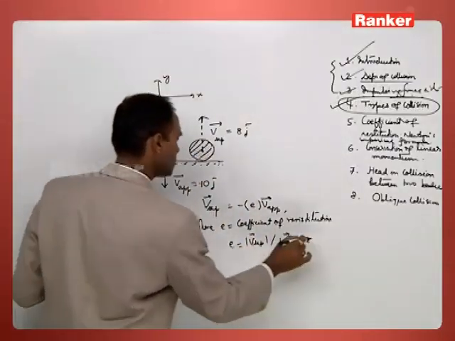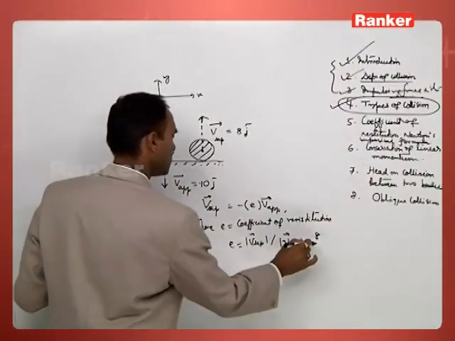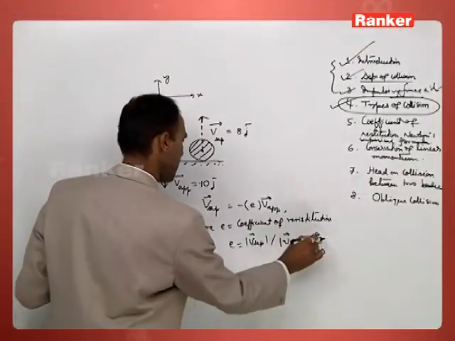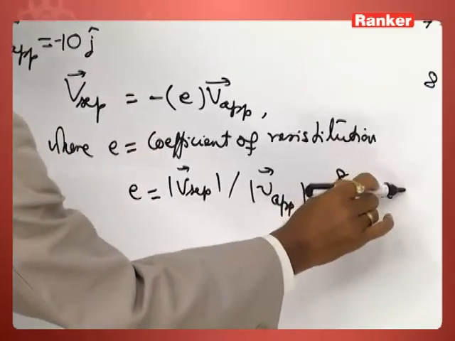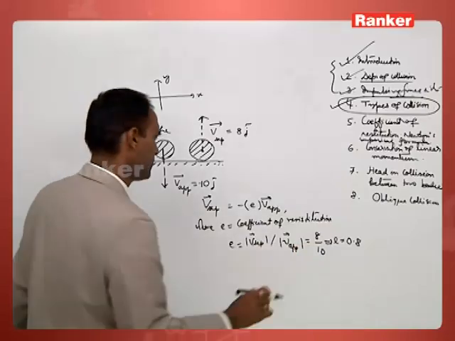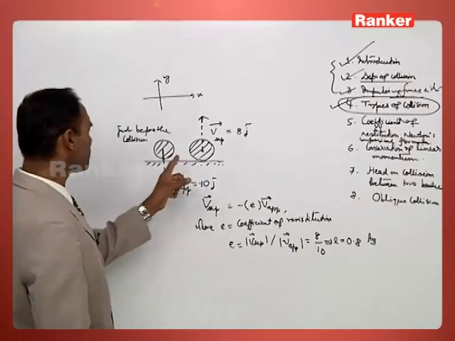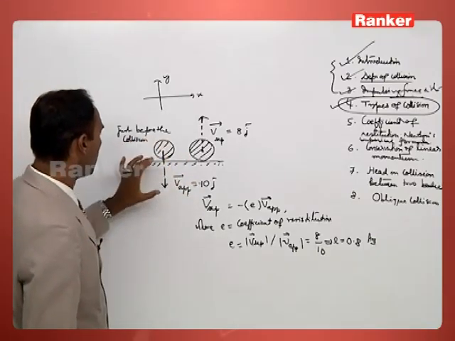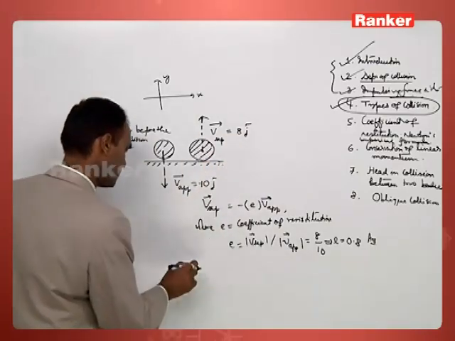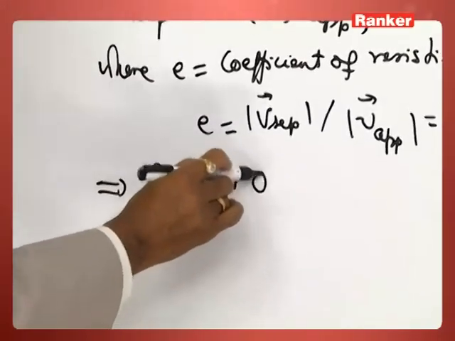The separation velocity is 8 meters per second and approach velocity is 10 meters per second. So we can just write coefficient of restitution for this example is equal to 0.8. Answer. 80% of the initial velocity is restituted or restored.